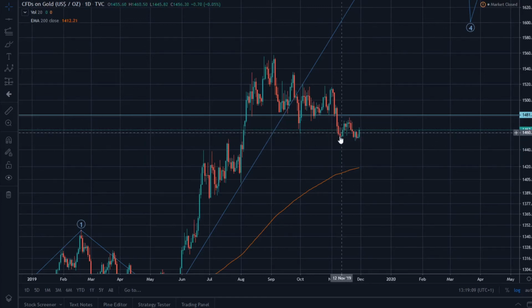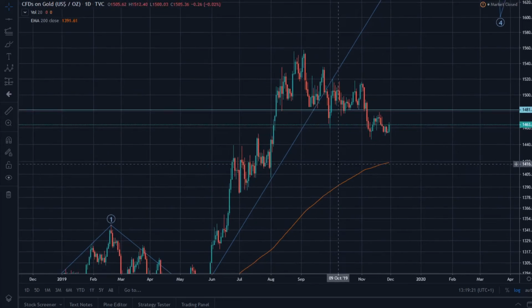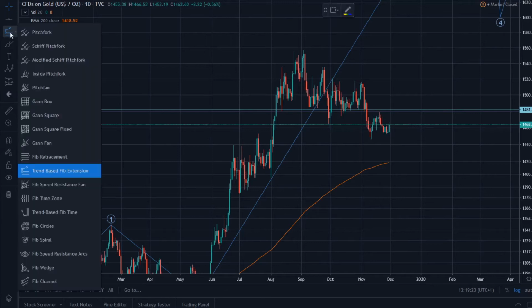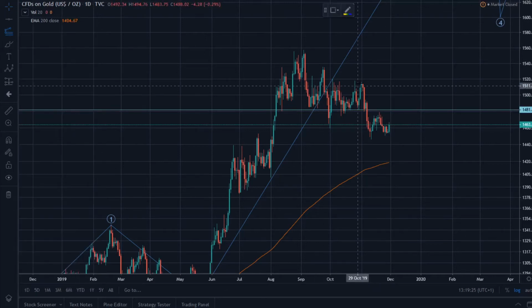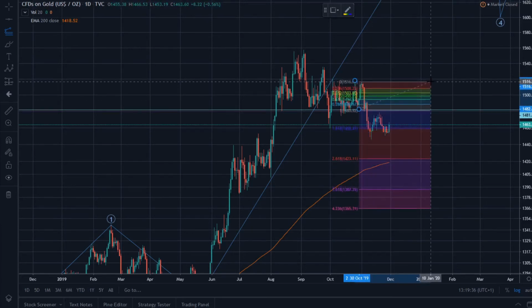In my opinion, this was not the end of this downwards movement, and so I think in the short term this will move up, and then we will get another move down. Possible targets for this are obviously, so if this does not move beyond this $1,481 target, this count is still valid.